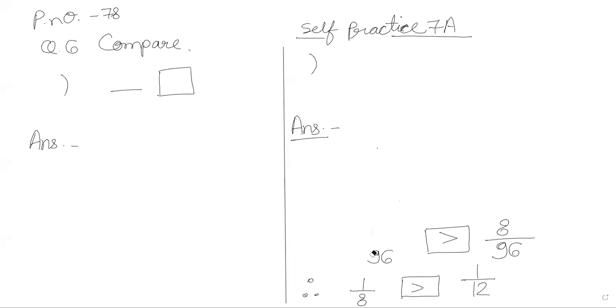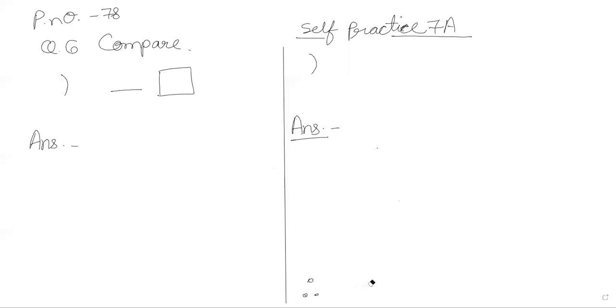One fraction is 3/4 and the other fraction is 2/5. You have to compare both the fractions. So what is the first step? To compare two or more fractions, what is the first step? First step is to equalize the denominators. Make the denominators equal.